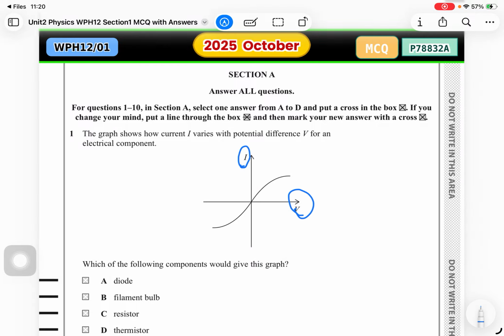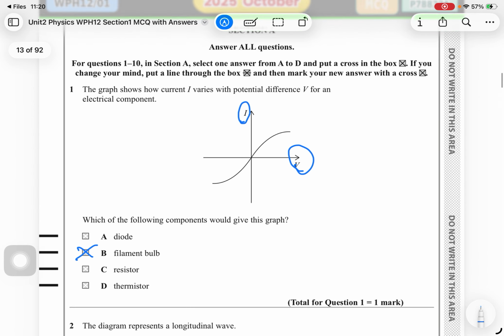In this one it would be the filament bulb, because a diode would only show current in one direction, which isn't shown here. And if it's a resistor, it would give a straight line through the origin because of Ohm's law, and the thermistor would produce a curve too, but it's not this.